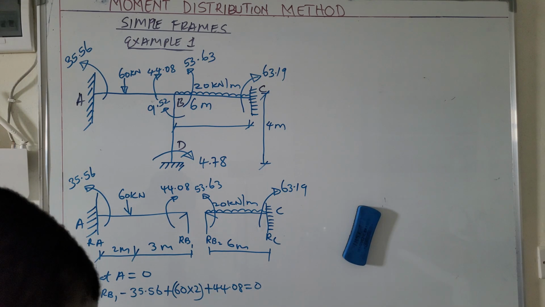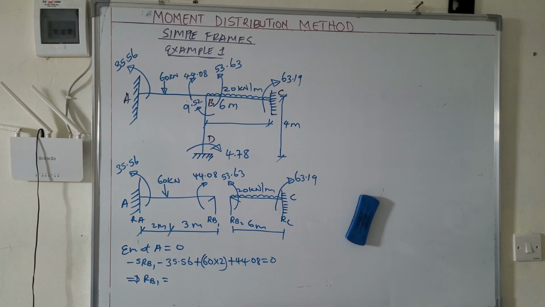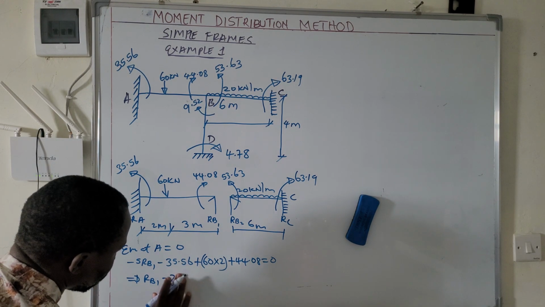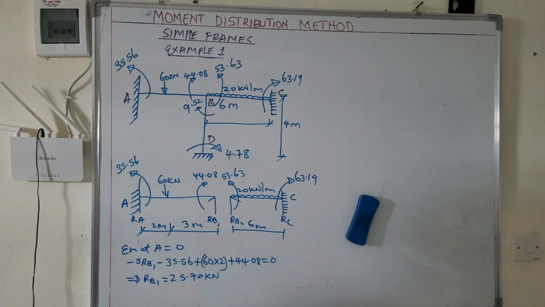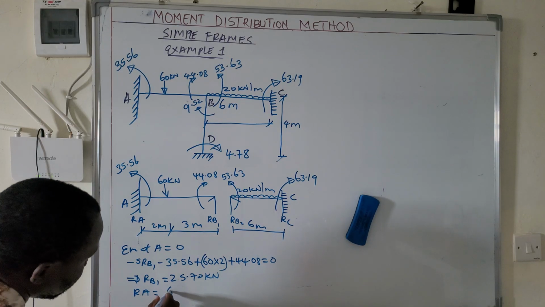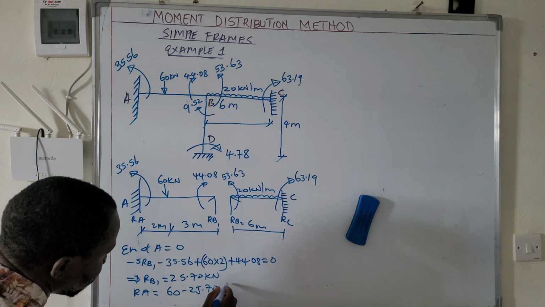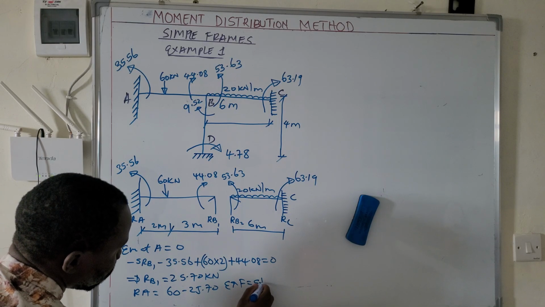So RB1 is equal to 25.70 kilonewton. Then RA is equal to 60 minus 25.70. Summation of upward forces is equal to summation of downward forces.